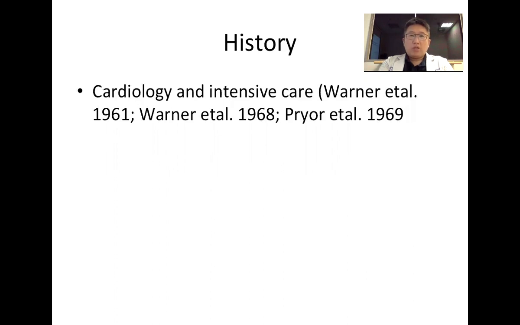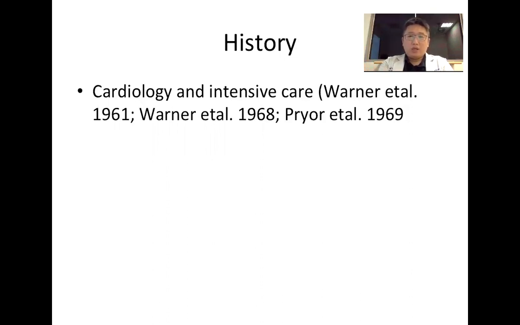And I remember one of Homer Warner's classmates invented the Swan-Ganz catheter. In our practice, there is a special piece of equipment to measure cardiac pressure. That thing is called the Swan-Ganz, and it was invented by Professor Homer Warner's classmate. So he is a cardiologist.